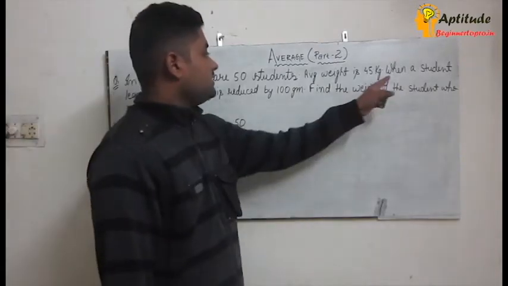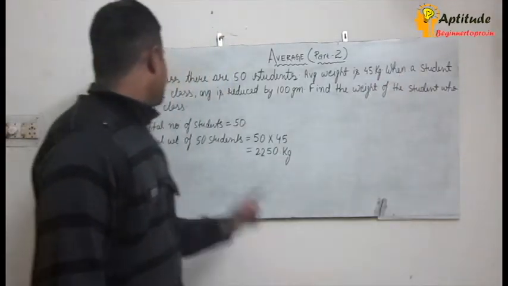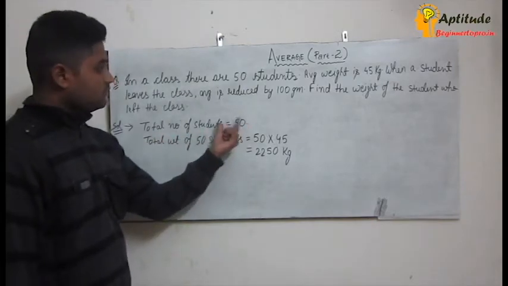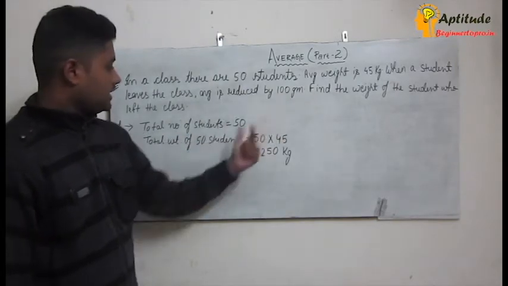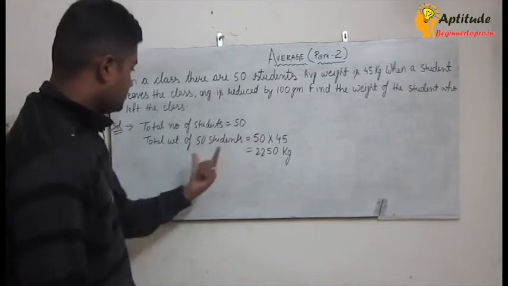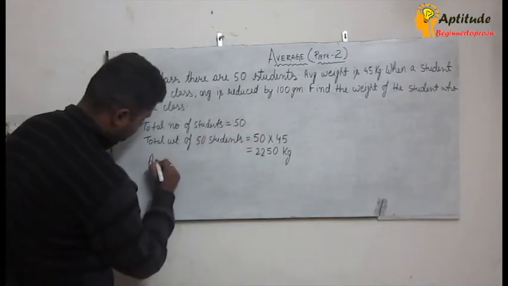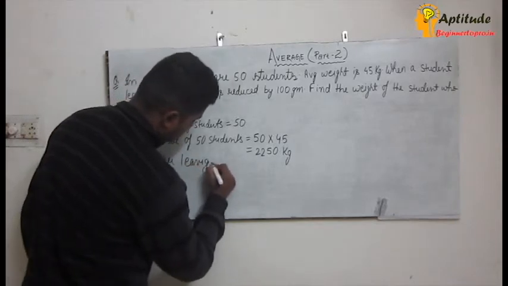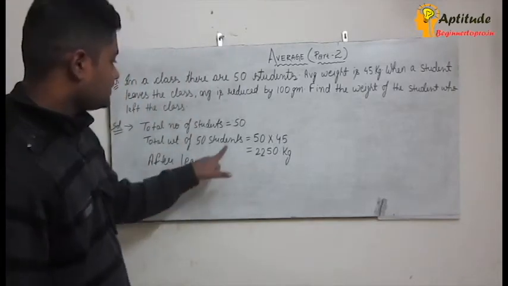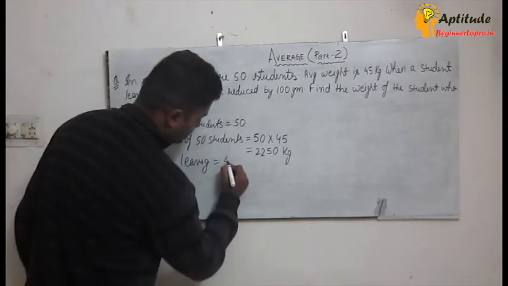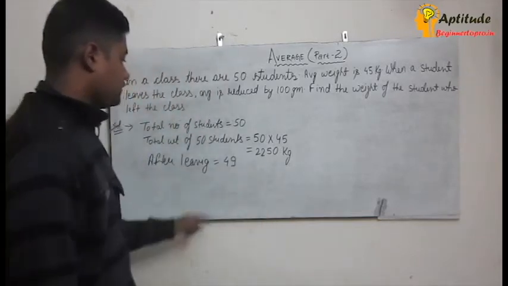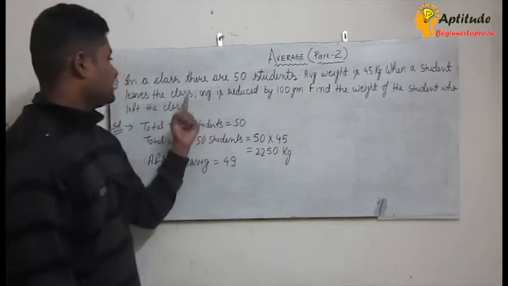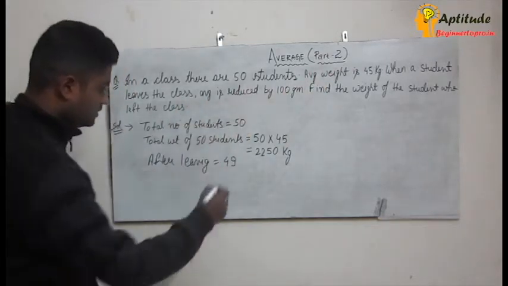Now, after that the question says when a student leaves the class, see, out of 50 students, when one student leaves the class, then how many students are there in the class? So after leaving, the total number of students left in the class is nothing but 49. Okay. So the average of these 49 students is reduced by 100 gram.